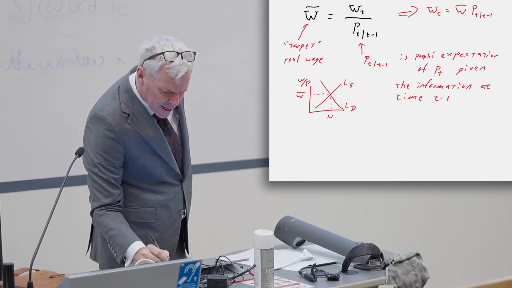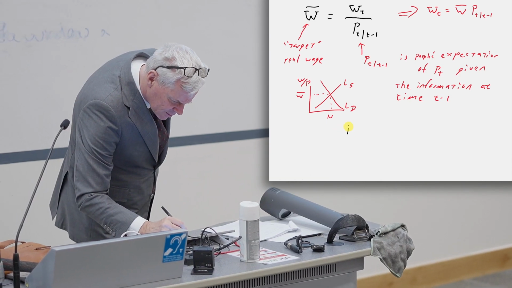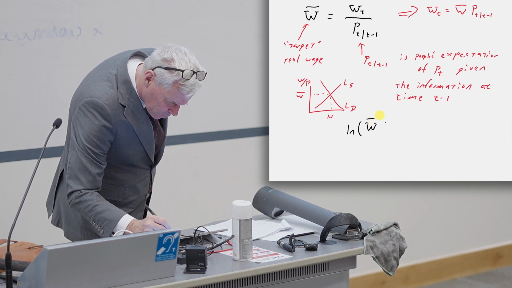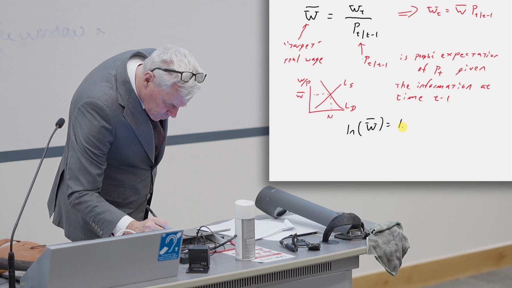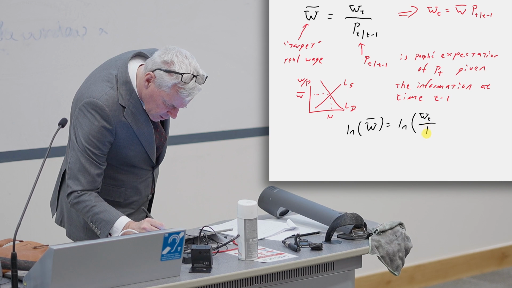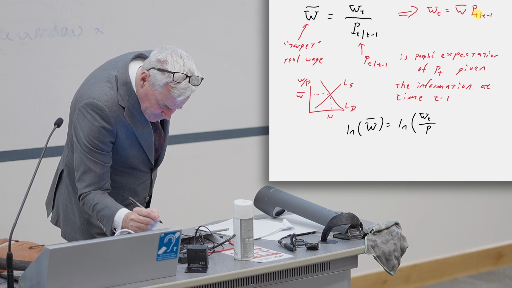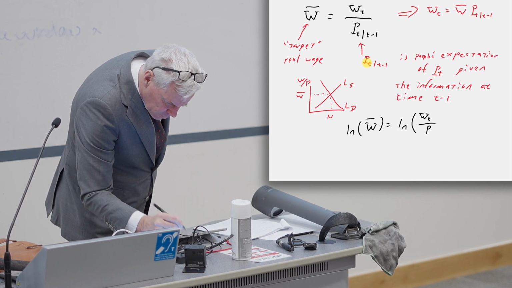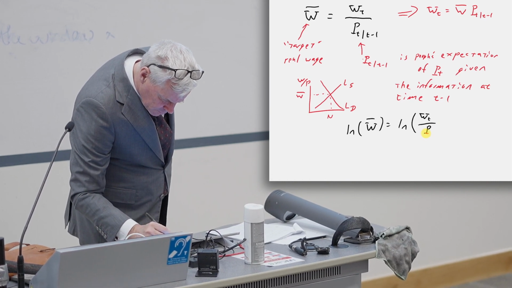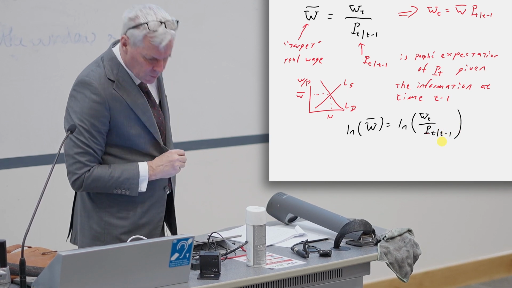And the first thing we want to do naturally is take logs of this, right? So we've got ln W bar is equal to ln capital W_t over, this is capital, very important, that's capital P. Right?